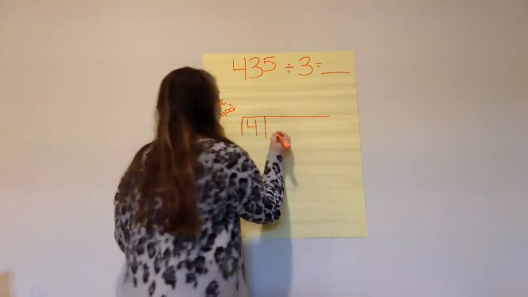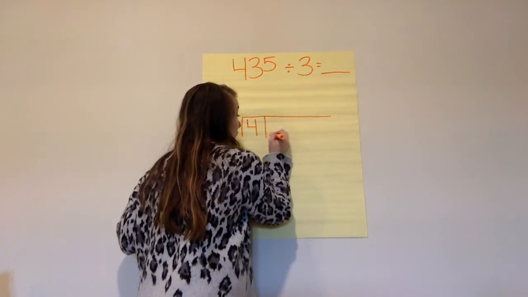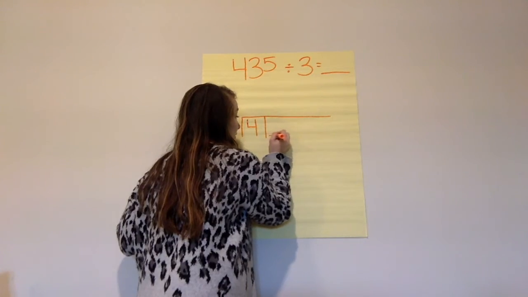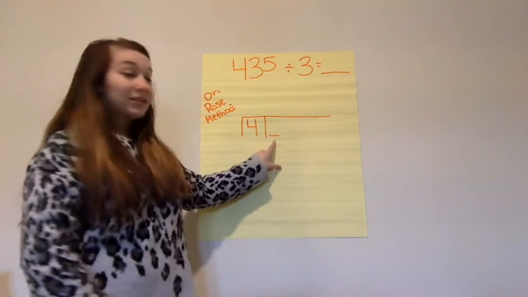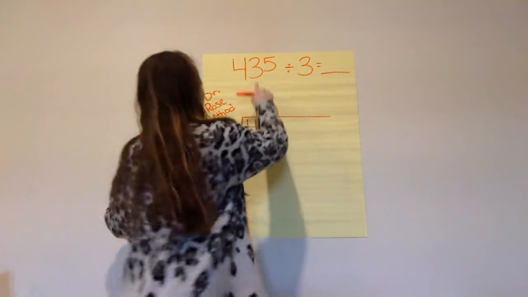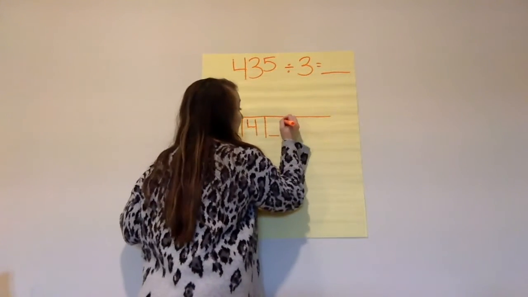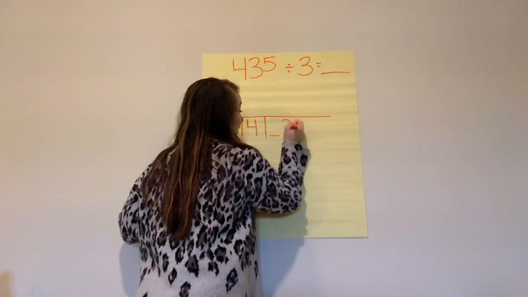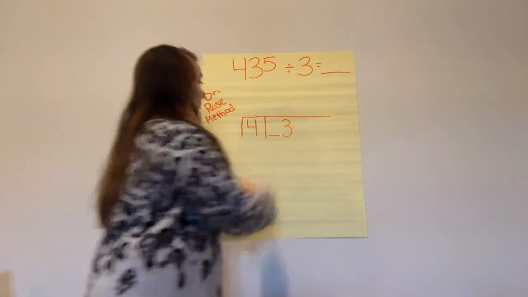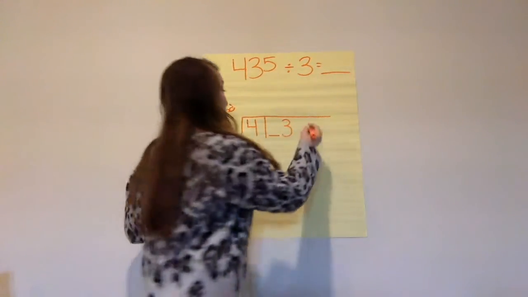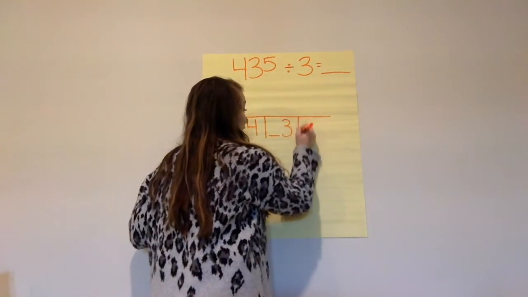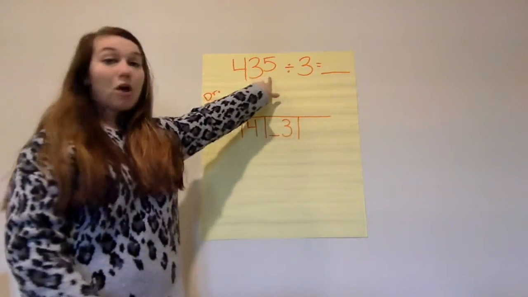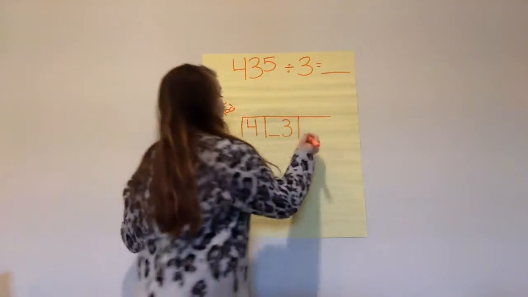Next, we are going to draw a line across that would represent our hundreds. And then we are going to put our 10 in here, which in this case is a 3. And next, we're going to draw a line to separate our tens place from our ones place.